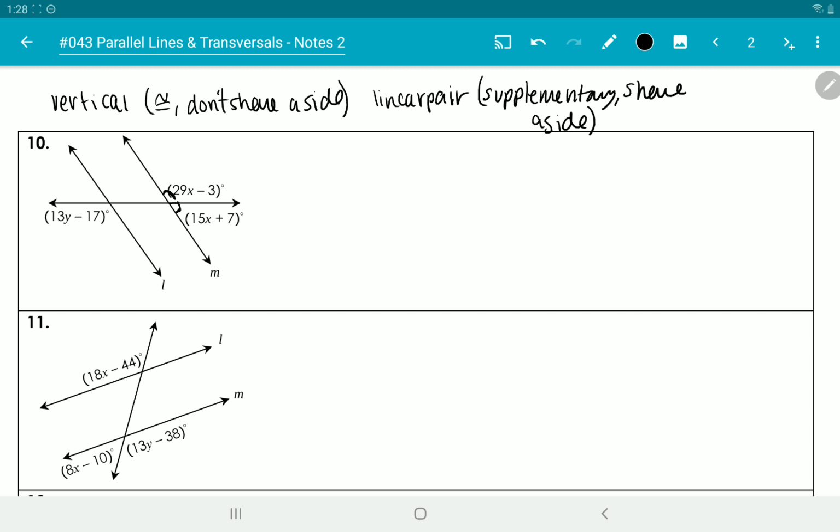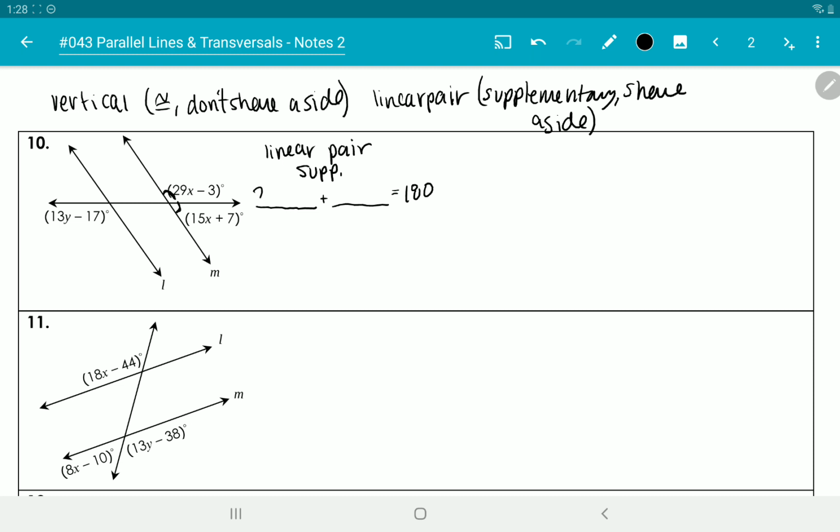Okay, you can see that these ones share this side right here. Since they share that side, they're going to be a linear pair. So I'm going to go ahead and write linear pair, which again means they're supplementary. Okay, so it's going to be blank plus blank equals 180.